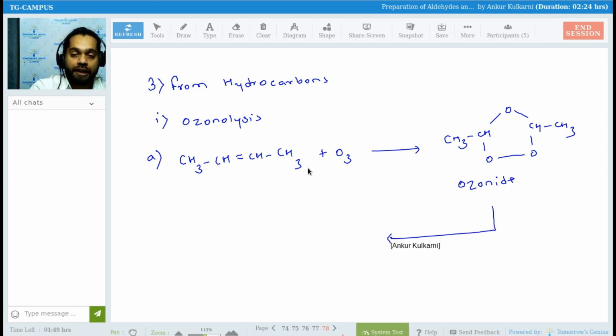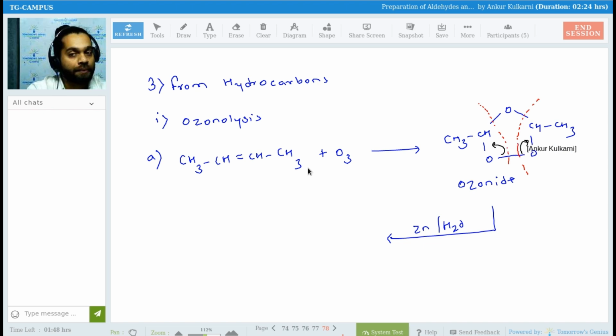And when you do the reduction of this in the presence of Zn and water, what happens? Look over here, carefully. This bond breaks. This moves, and this is going to go away with Zn.